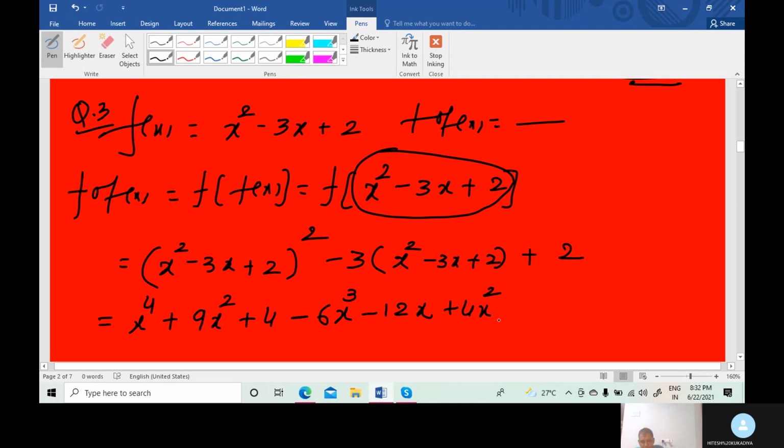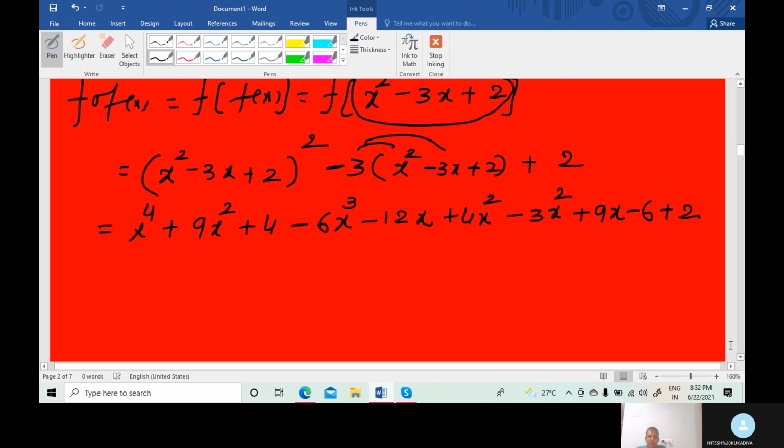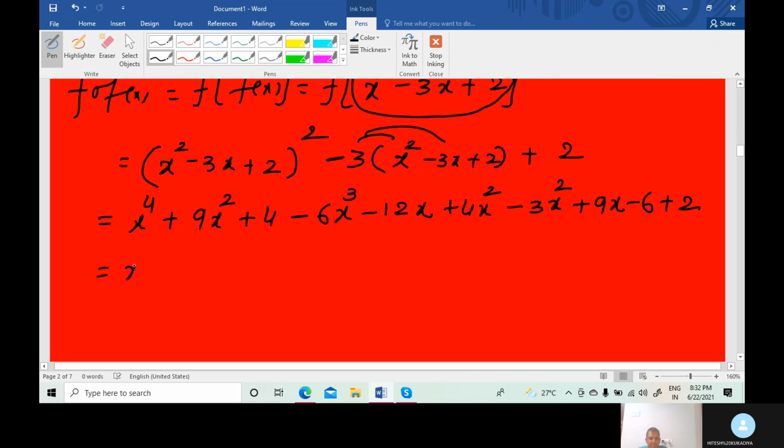Right? 2ca, right. Now here open the bracket. Here the minus sign is before the bracket, so all the signs change. So minus 3x square plus 3 threes are 9x minus 6 and plus 2. Clear student? Okay, now addition, subtraction, very easy. x raised to 4 only one time.